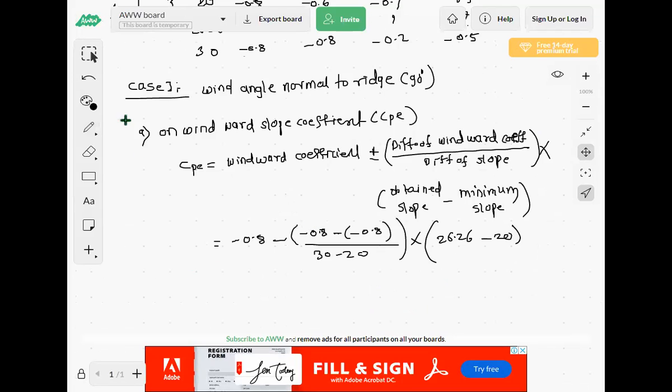Now do the calculations. How much value will come?